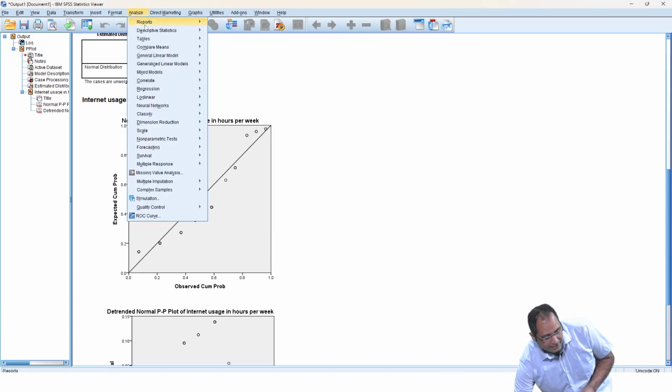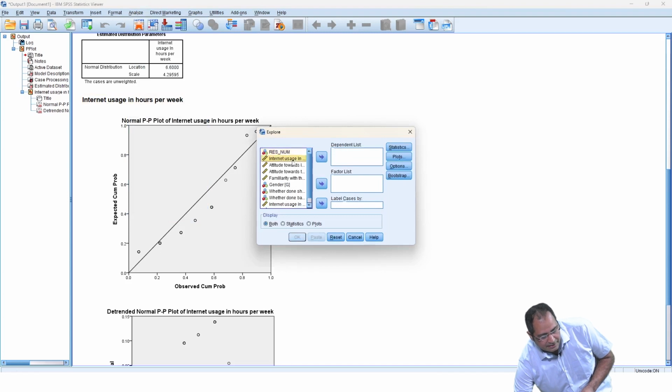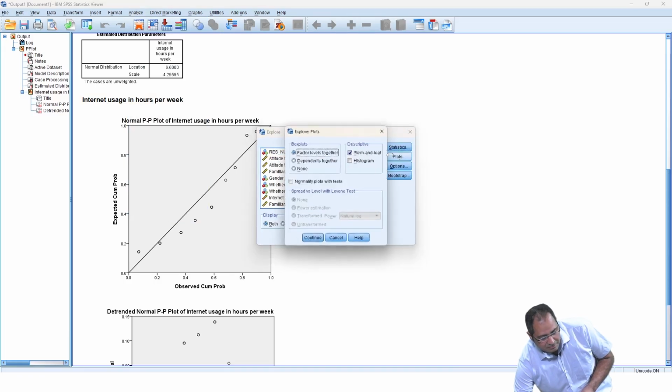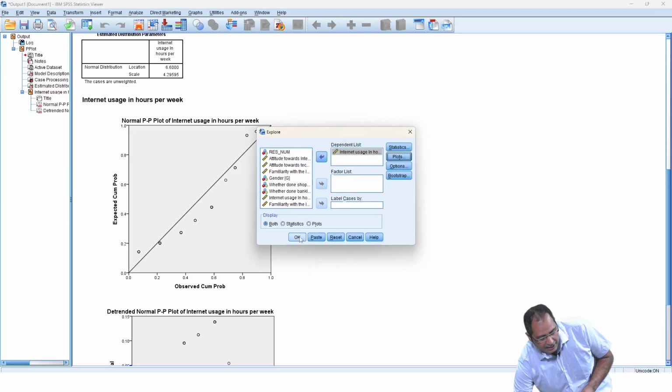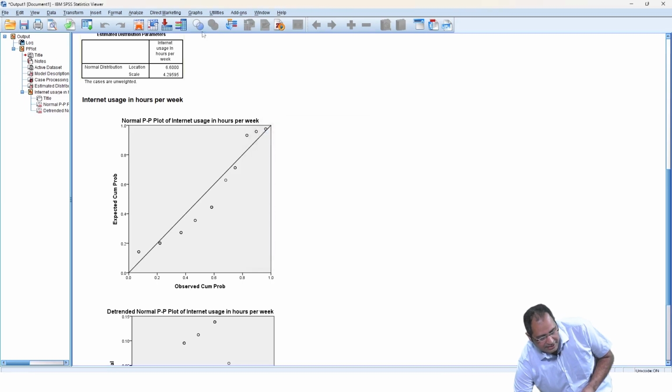You have to go to Analyze, Descriptives, Explore, move internet usage to the dependent list, and then statistics. Here, go to plots and click on normality plots with tests, continue. Let me do it again.